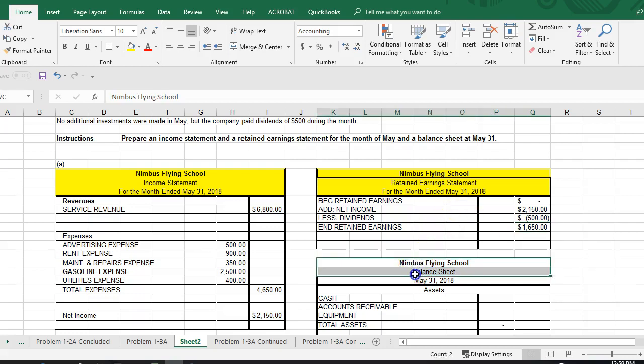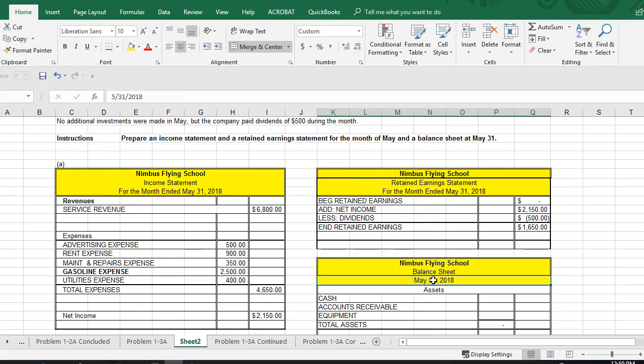Our last statement is known as the balance sheet. The balance sheet is a snapshot of the company's accounting equation. The balance sheet shows each account balance as of a specific date. Notice for the first two statements, they say for the month ended on the income statement and retained earnings statement.